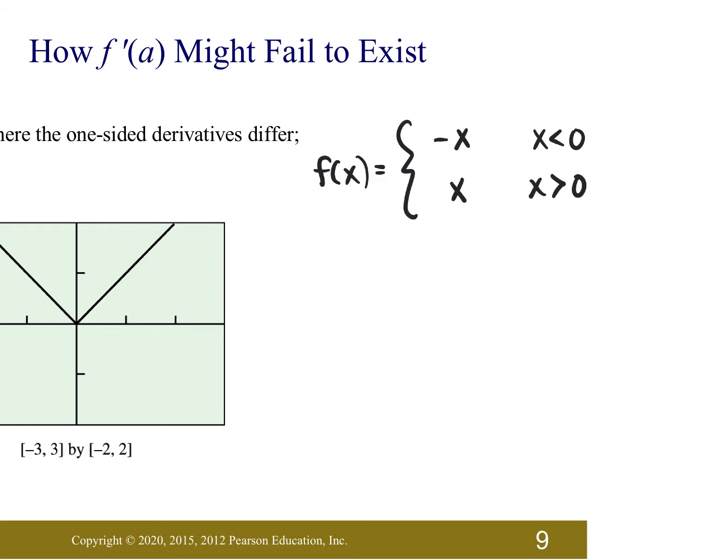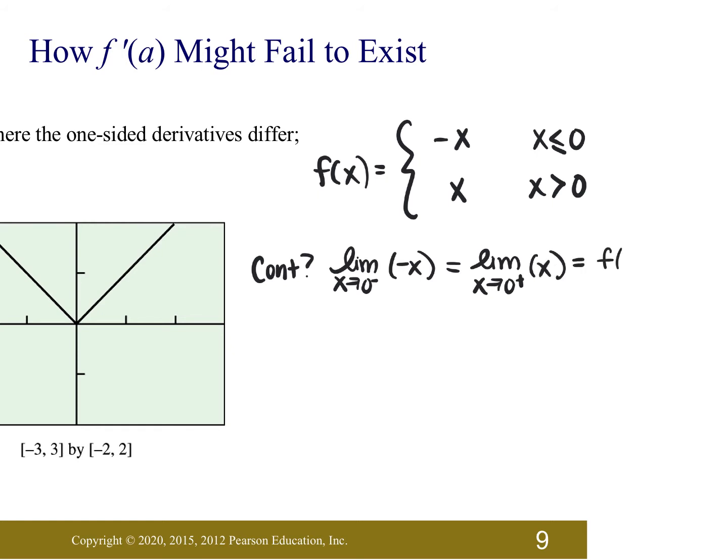If we're checking, the proof would be checking continuity first and differentiability second. So let's check continuity, which means: is the limit as x approaches 0 from the left of negative x equal to the limit as x approaches 0 from the right of positive x, and is that equal to f of 0?